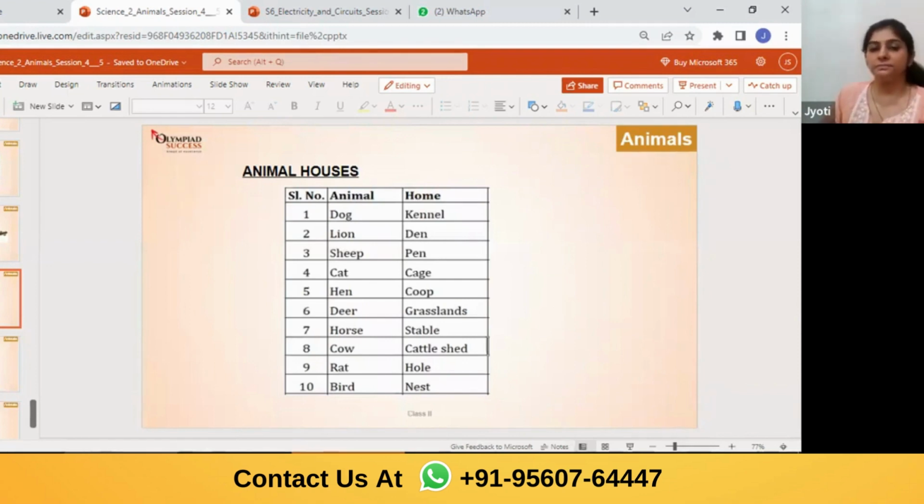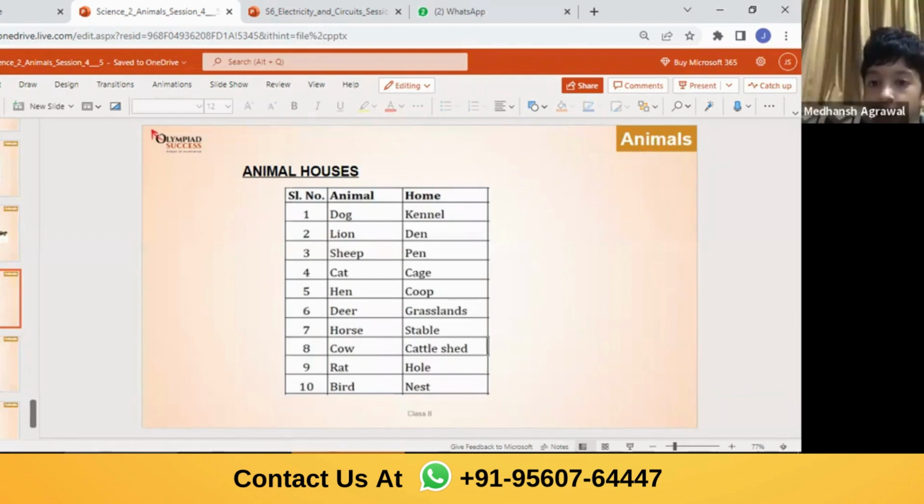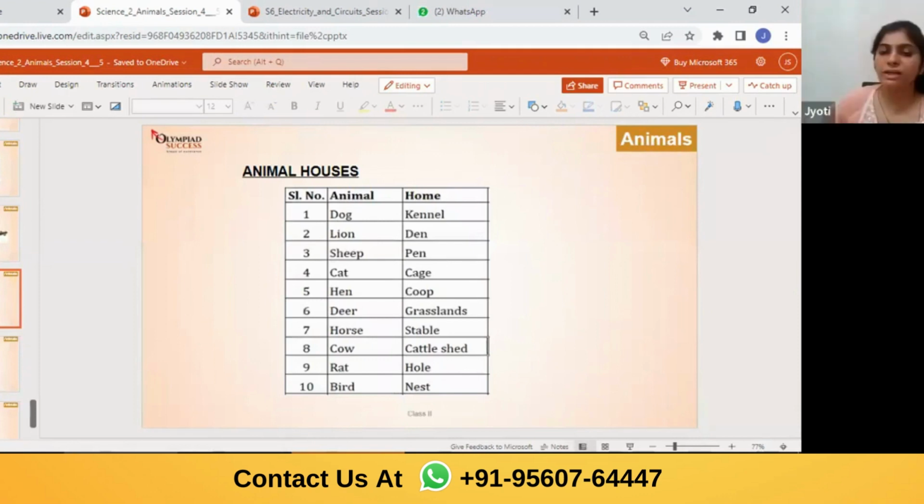Yes, Medhansh. Is it a cage or a barn? Somewhere it is cage and somewhere it is barn. So we write cage only because it is given in the content.